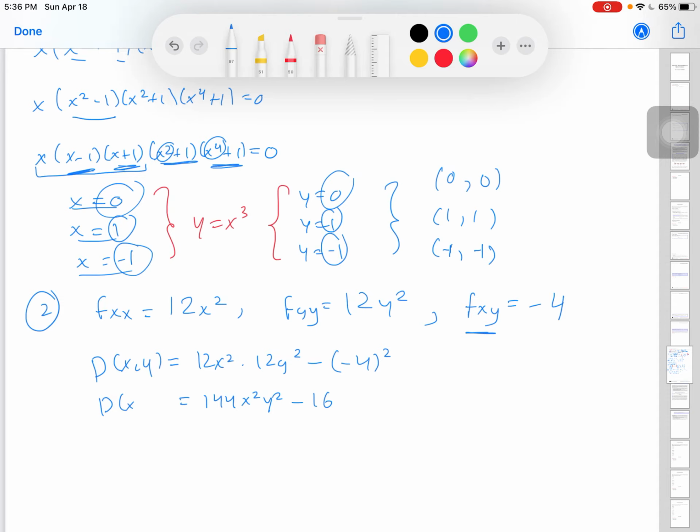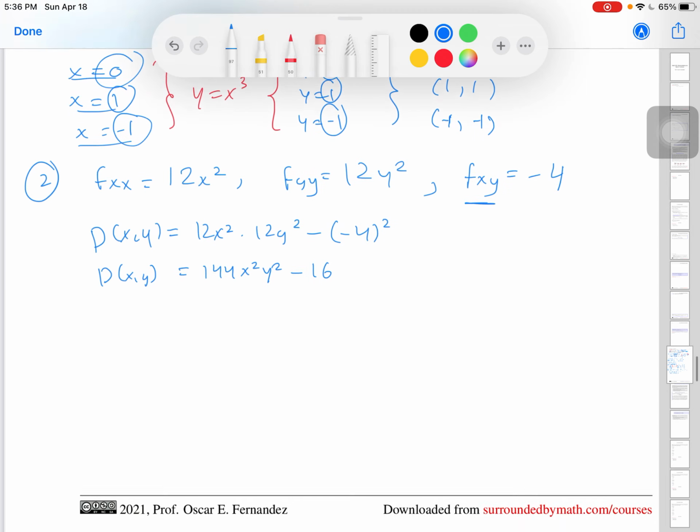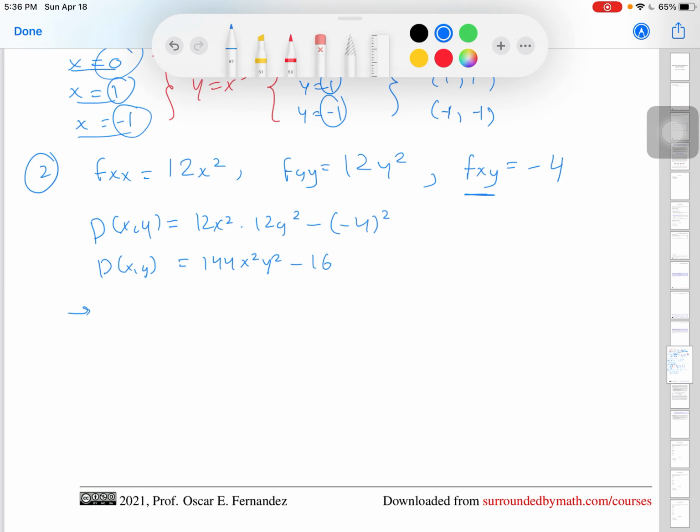So that's dxy. Awesome. So then I can now evaluate the discriminant at the 3 critical points that I got. The first one was 0, 0. So if x is 0, y is 0, all of that is gone, and I just get negative 16. So I'm just going to keep evaluating while I'm here, and then we'll go back and interpret things.